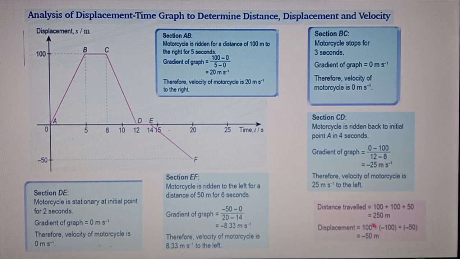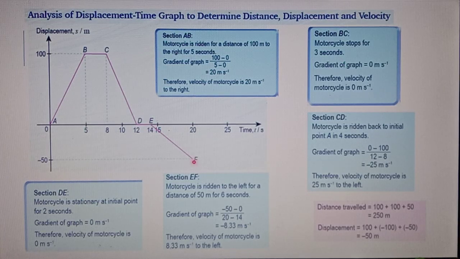For displacement, this is a vector. We take right as positive, left as negative. So AB, positive direction, so 100. BC, 0. CD, opposite direction, negative 100. So minus 100 here. And then DE, 0.